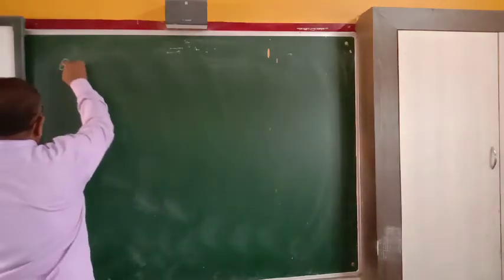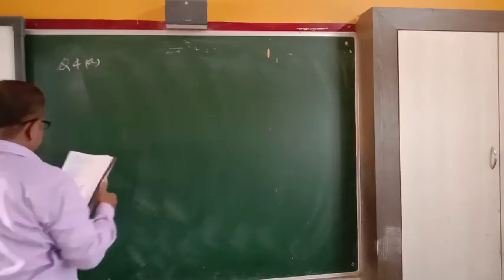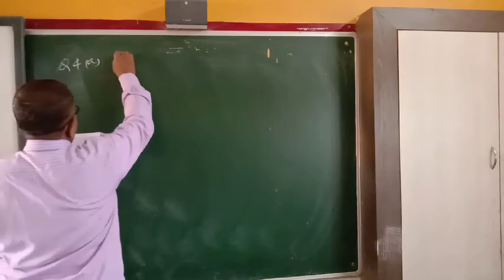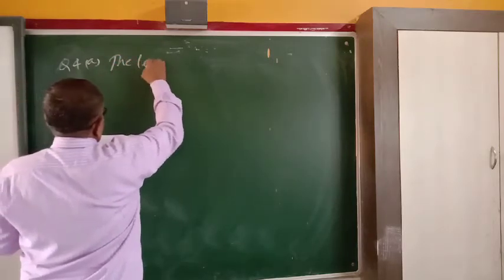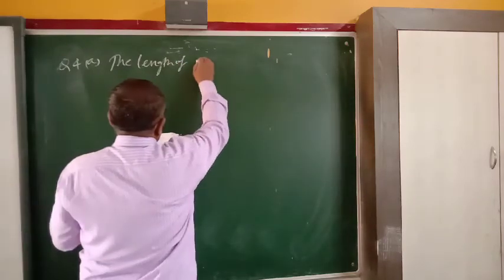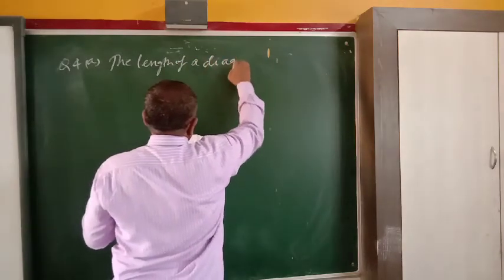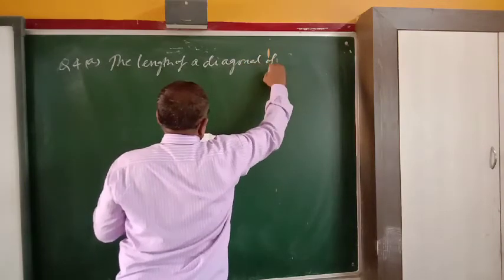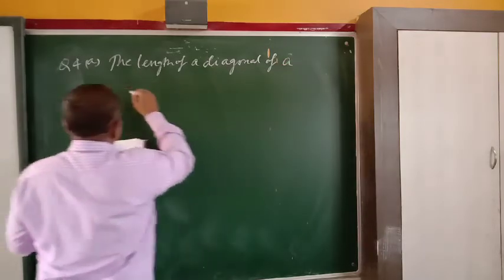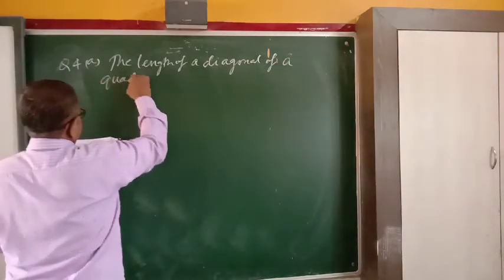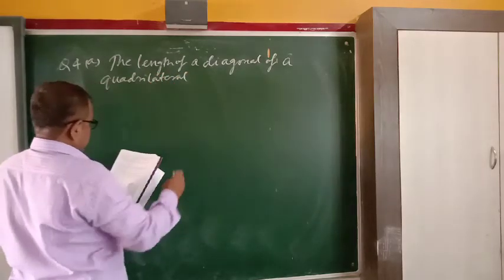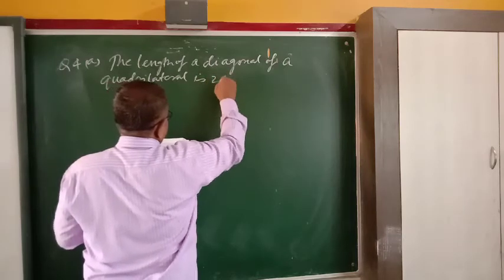Question number 4. A part. The length of a diagonal of a quadrilateral is 24 centimeter.